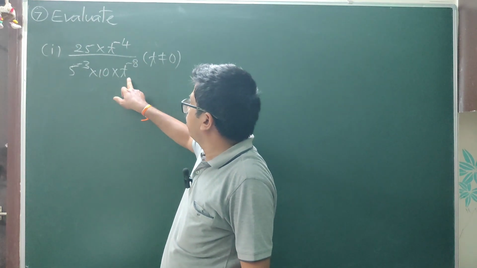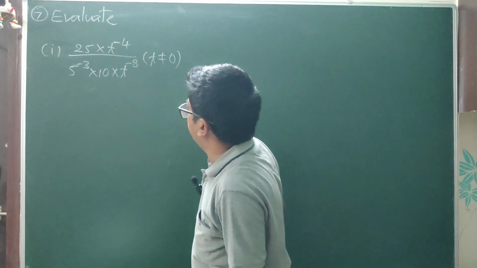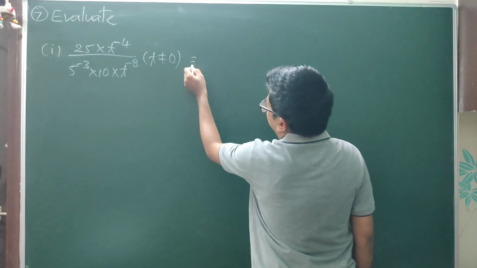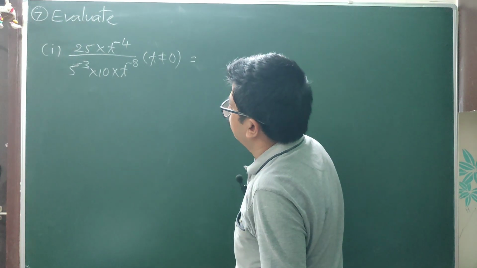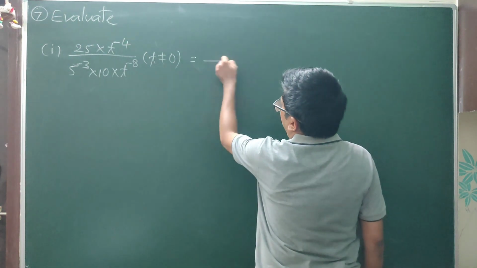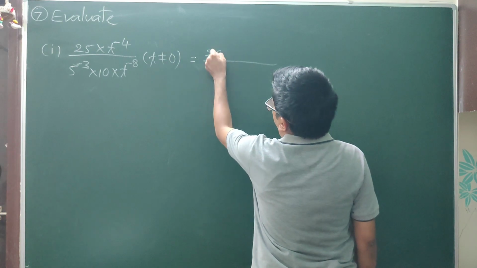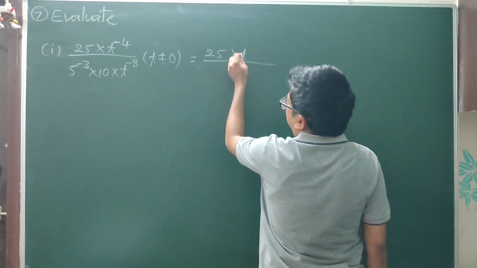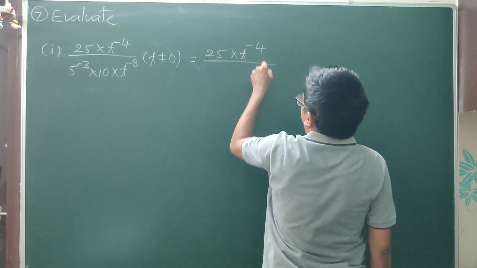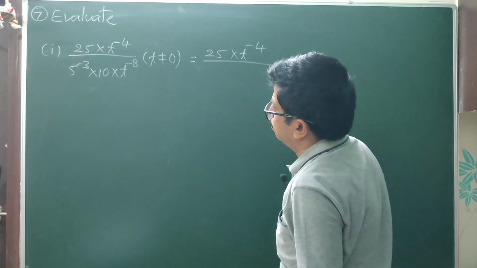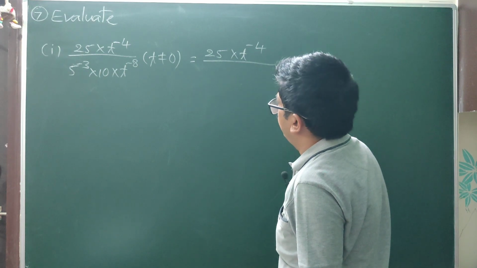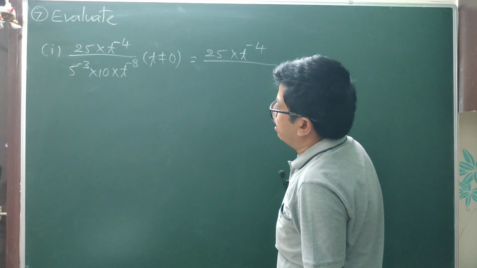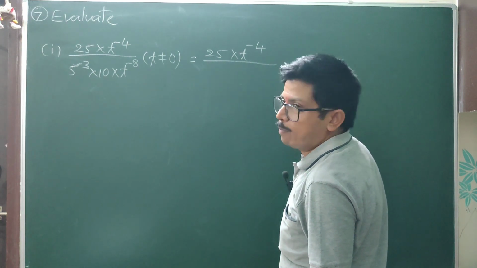Now 7th question, evaluate. In that, first question: 25 into t^(-4) whole by 5^(-3) into 10 into t^(-8), where t is not equal to 0, equal to 25 into t^(-4) by 5^(-3) into 10 into t^(-8).